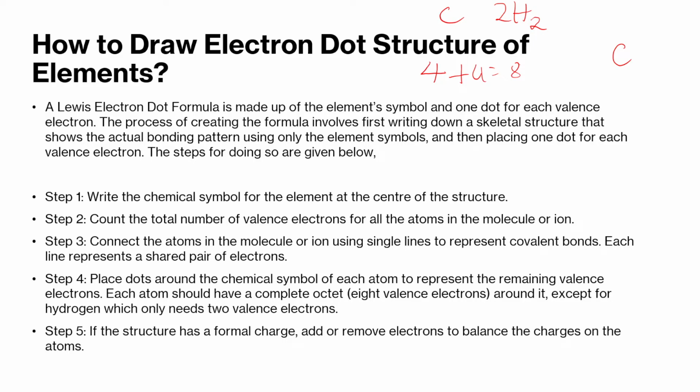So what you're going to do now is connect the atoms in the molecule or ion using single lines, and that represents sigma bonds, to represent these covalent bonds. Each line represents a pair of electrons. I have four hydrogen atoms, and I know that carbon has tetravalency, tetra meaning four, so it has four valence electrons.